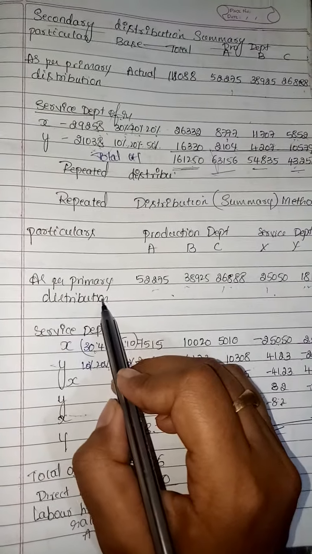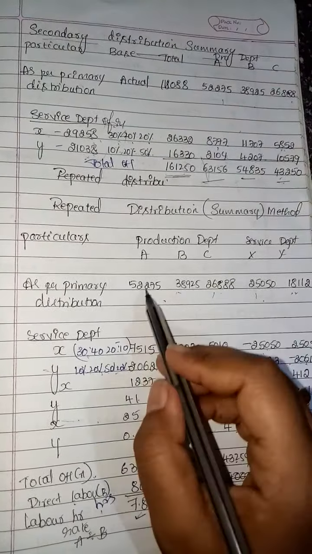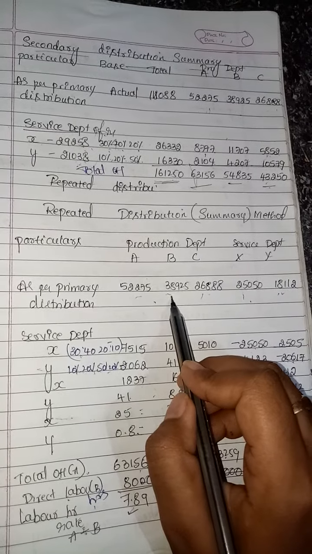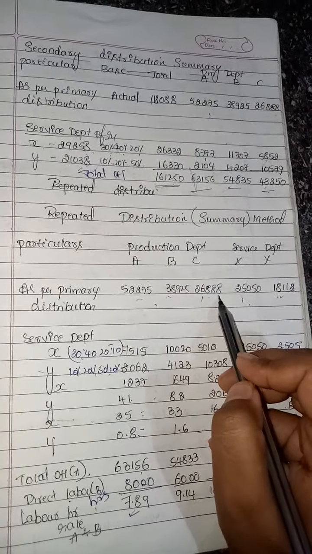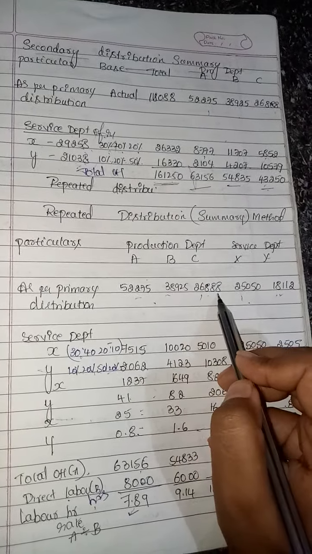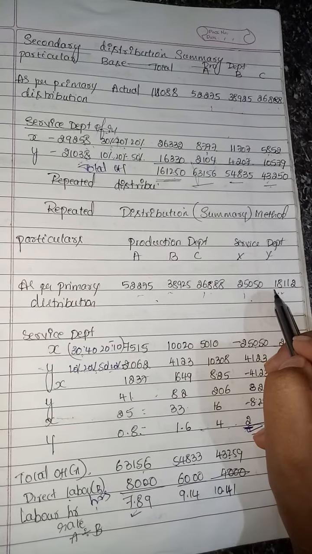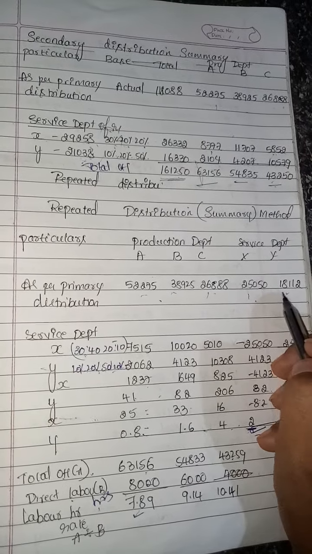As per primary department distribution, we are getting the values for the production and service departments like 52,275 department A, 38,925 department B, 26,888 department C, service department X 25,050 as per primary distribution, department Y 18,112. This is the value we are getting from the primary distribution summary.